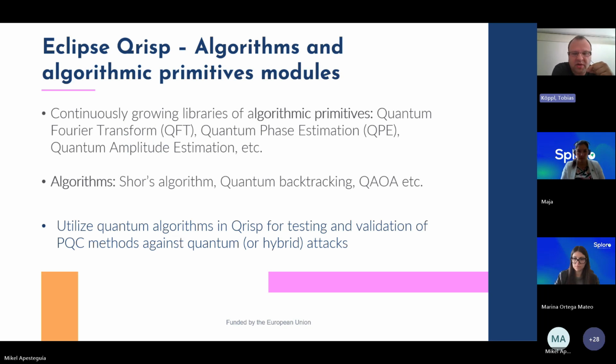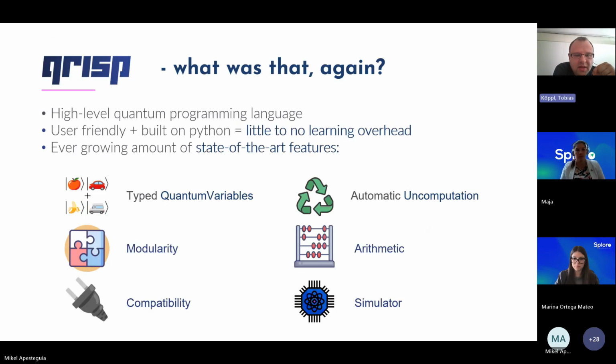Within our work, we developed different algorithms, such as quantum Fourier transform, quantum phase estimation, or in particular focused on PQC-React. We implemented Shor's algorithm and several other algorithms that can be used to attack methods that are regarded as post-quantum safe. Okay. Next slide.